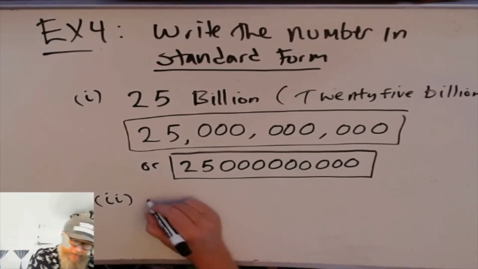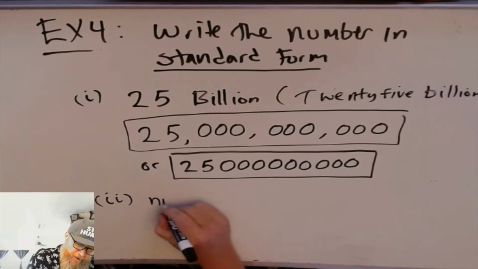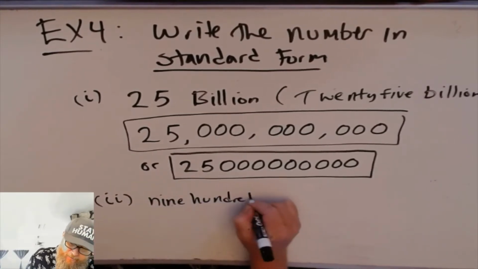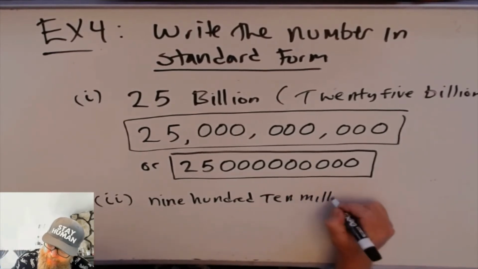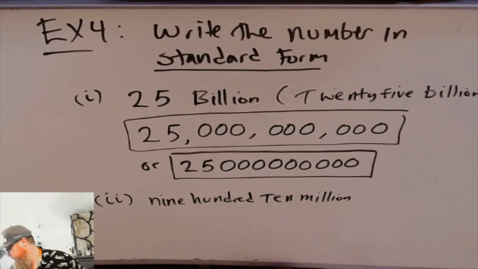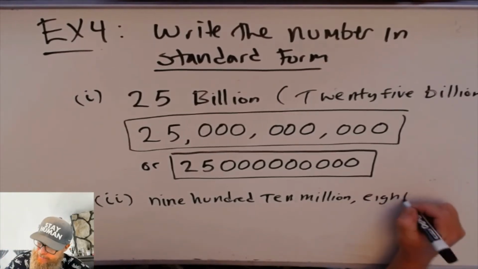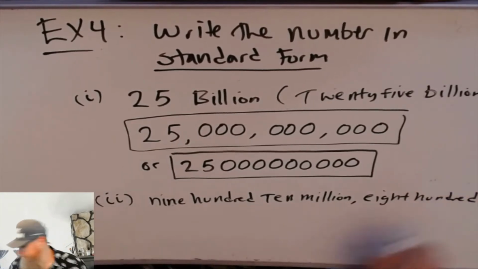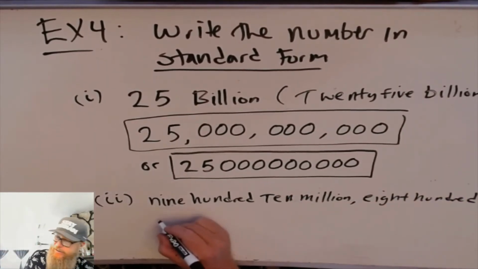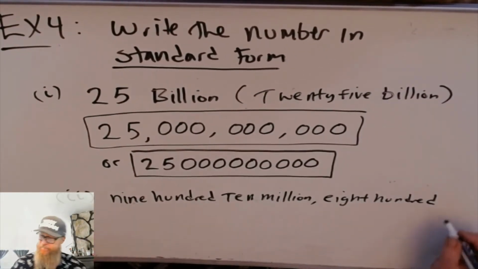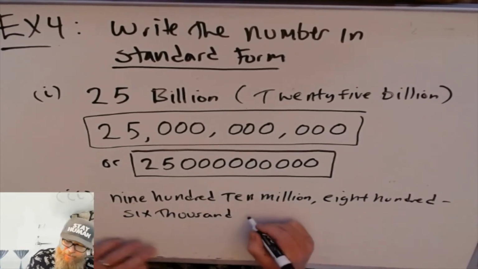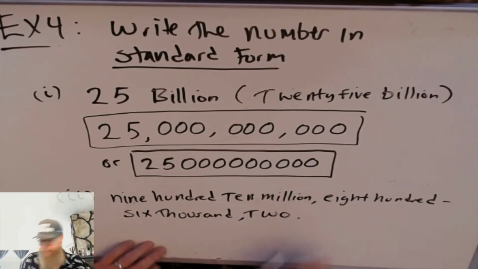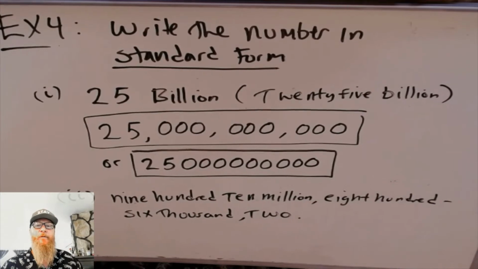All right, how about this? A little bit bigger now. 910 million, 806,002.